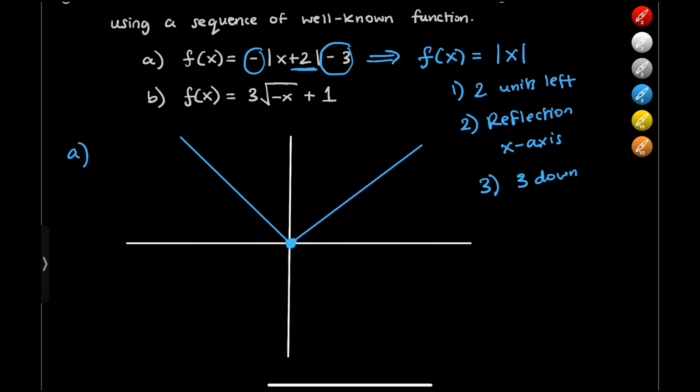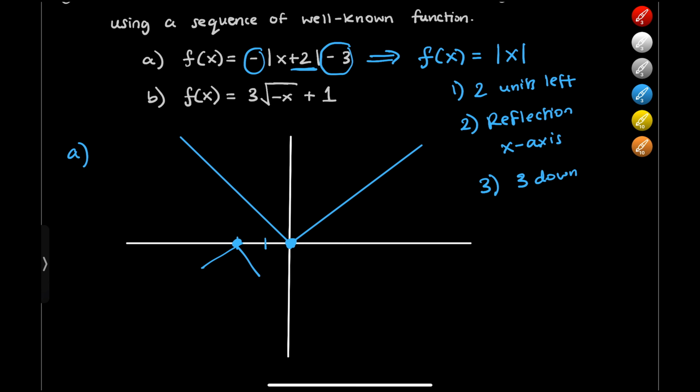First it moved 2 units to the left, so now this point is over here. Then it gets reflected over the x-axis. So originally it was like this, and now it's reflected over the x-axis, so it's going to look something like this.